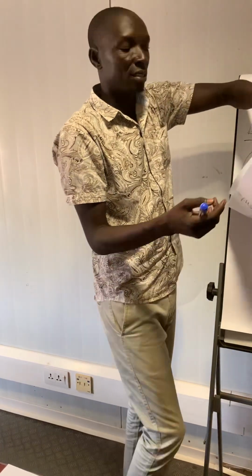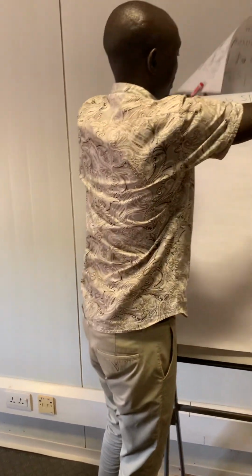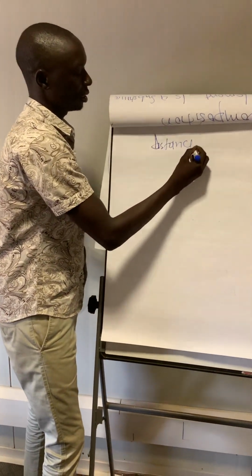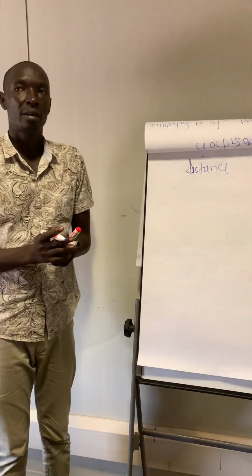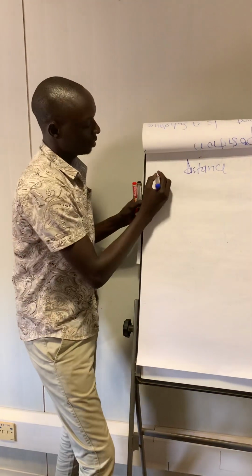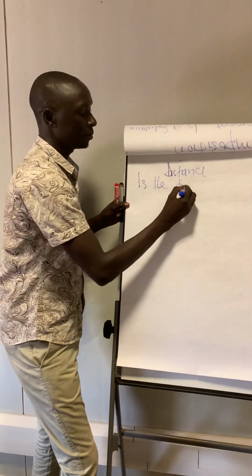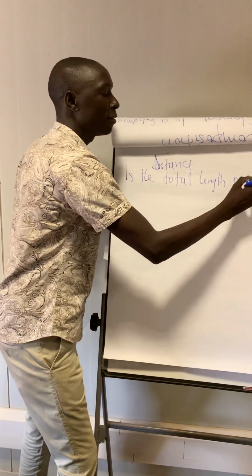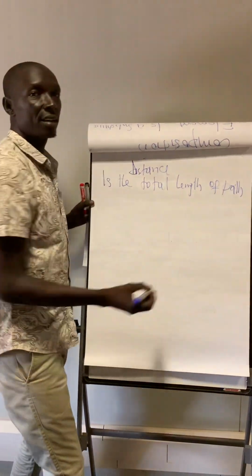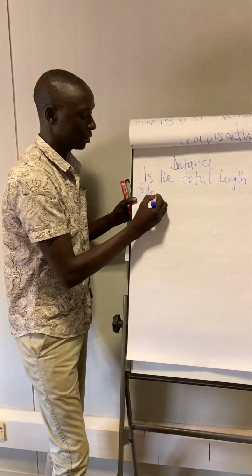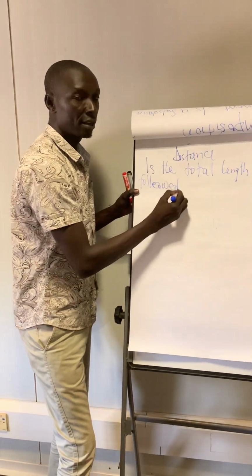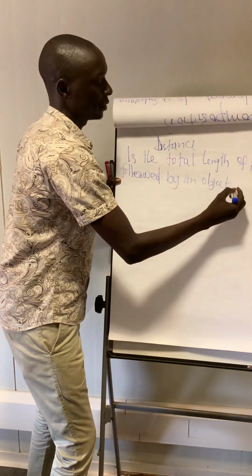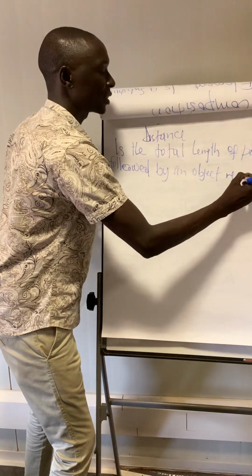So, what is distance? A distance is the total length of path followed by an object, regardless of direction.